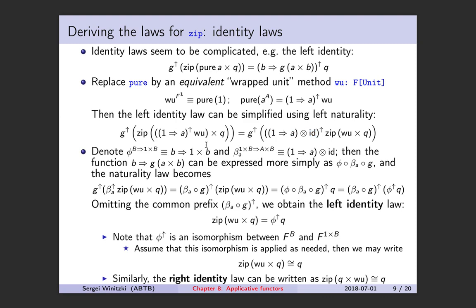So now it looks like we have a lot of this bookkeeping where we just put units and so on. So let's denote these things temporarily, just so that we can reason about that a little shorter. So phi is this function, and beta A is this function.